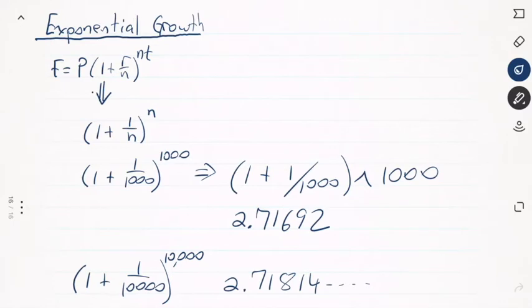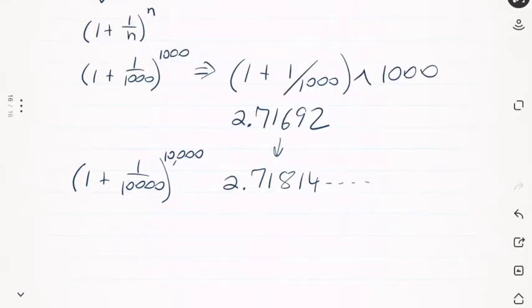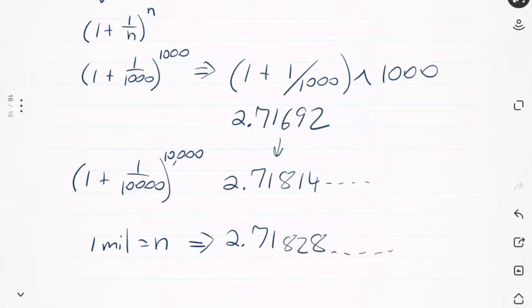So you can see that the decimals are approaching a specific value. So if I change this to a million, with 1 million equal to n, we're going to get 2.71828, and then some other decimals.